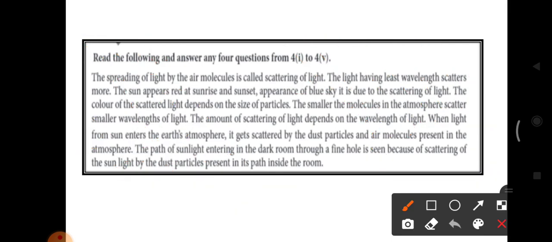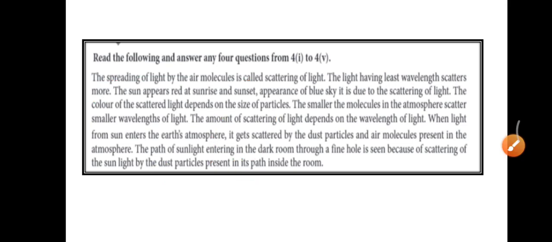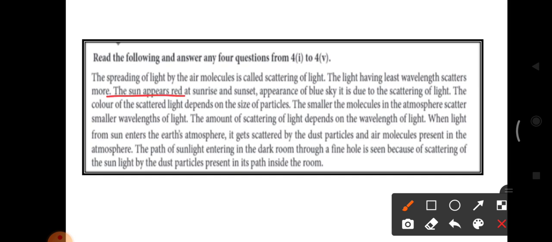And see, the spreading of light by the air molecules is called scattering of light. The light having the least wavelength scatters more. That means the violet, indigo, blue have the least wavelength. Mostly the blue, violet, indigo color only scattered. The sun appears red at sunrise and sunset.